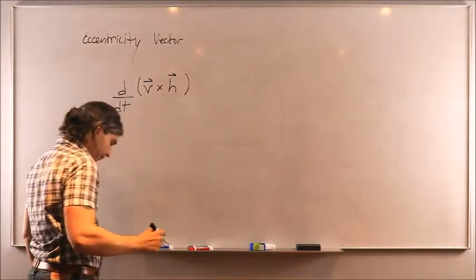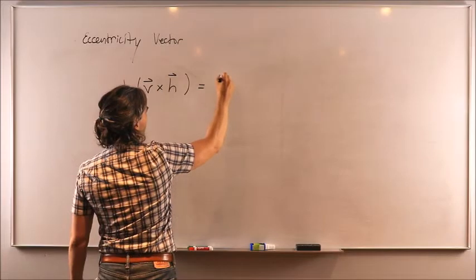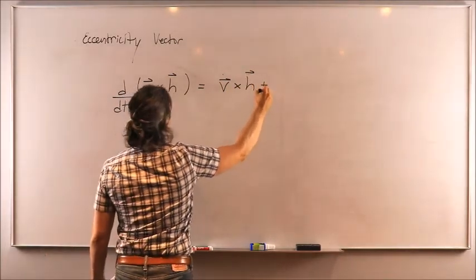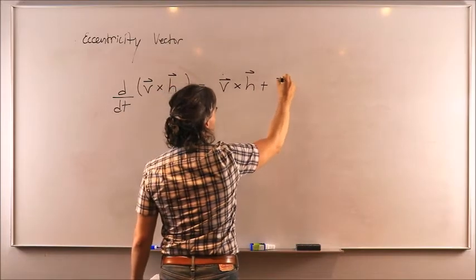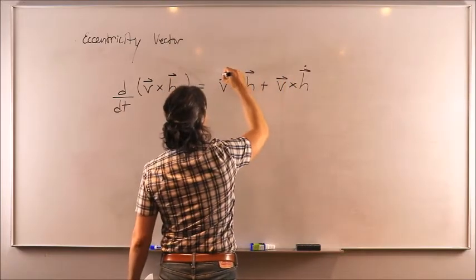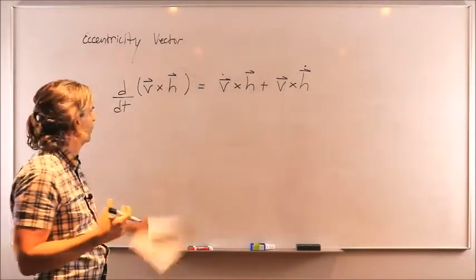Well, obviously, if you apply the chain rule to that, you would get v dot cross product h plus v cross product h dot. Right? This is exactly what you would get, just applying blindly the chain rule to this term.